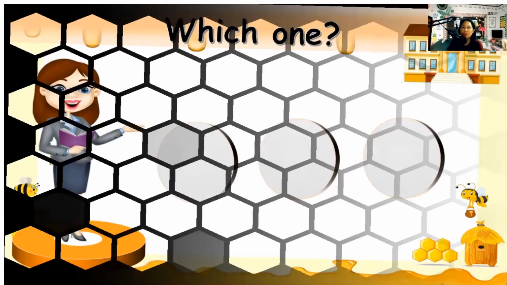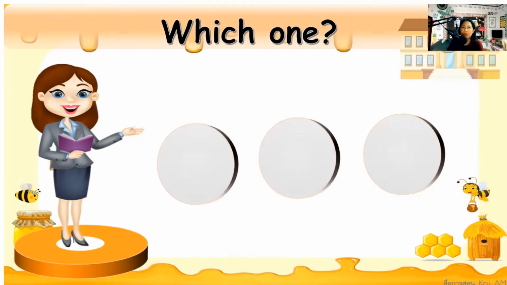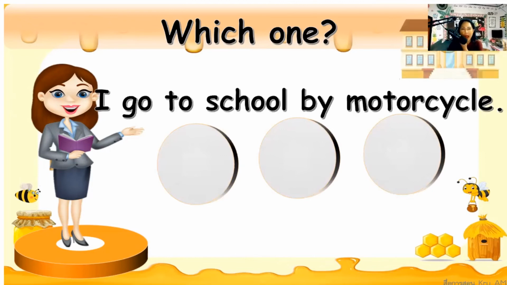All right. Which one? So when you hear the question, which one, it means to say you have to choose. There are choices. So you will choose the right answer. I go to school by motorcycle.